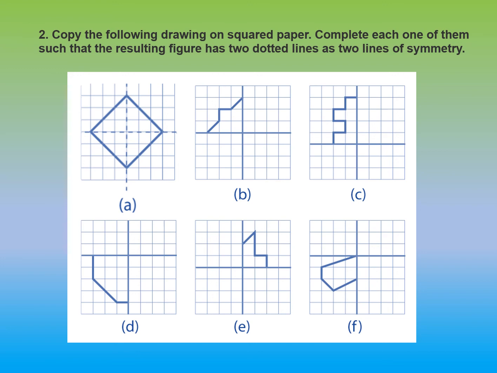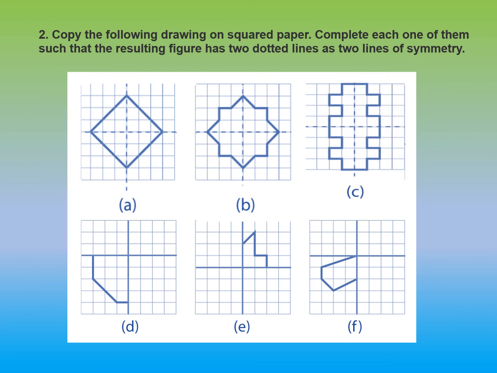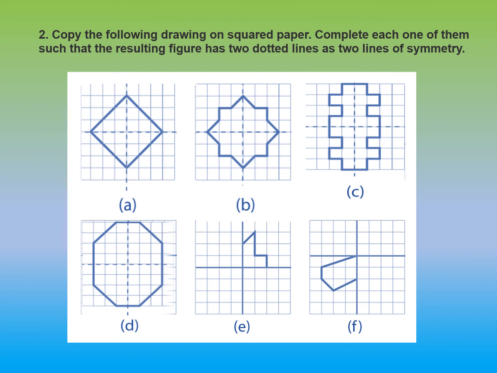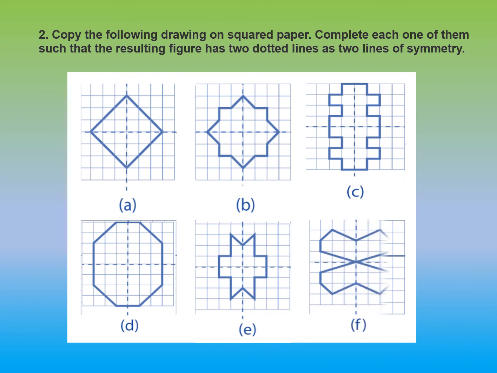See the second one, how it will look. Yes, we have 2 lines of symmetry. Next C. D also has 2 lines of symmetry. E and F will look like this. So all these pictures have 2 lines of symmetry.